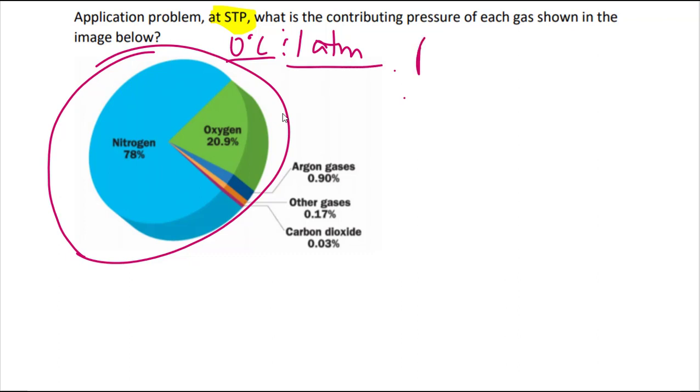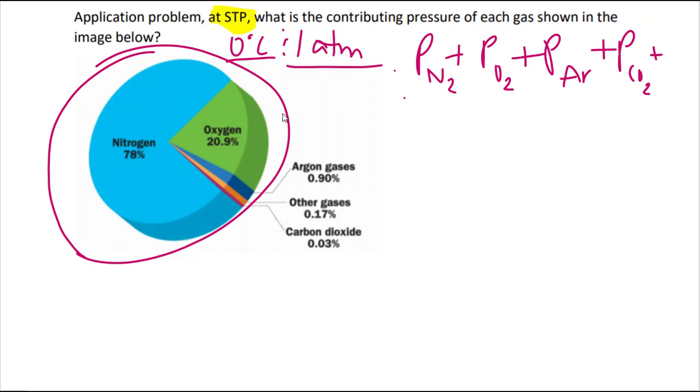Remember, in order to do that, I need to take the pressure of my nitrogen and add the pressure of oxygen, and I will add the pressure from the argon, and I'll add the pressure from CO2, and I'll add my pressure from other. And that will equal my total pressure.